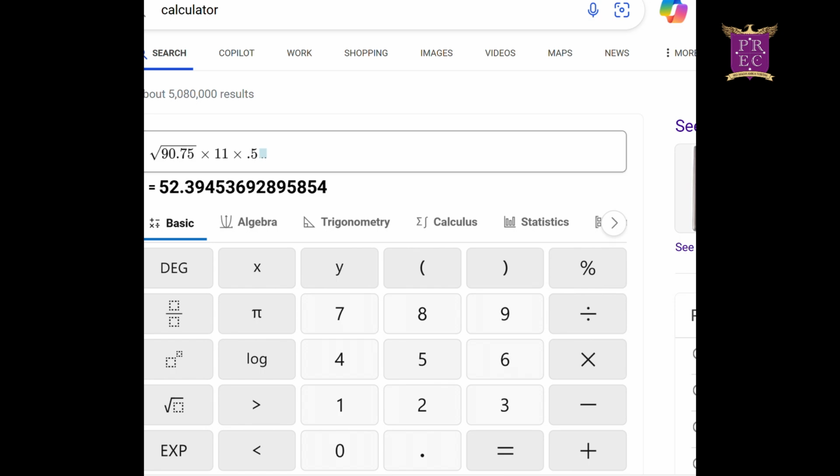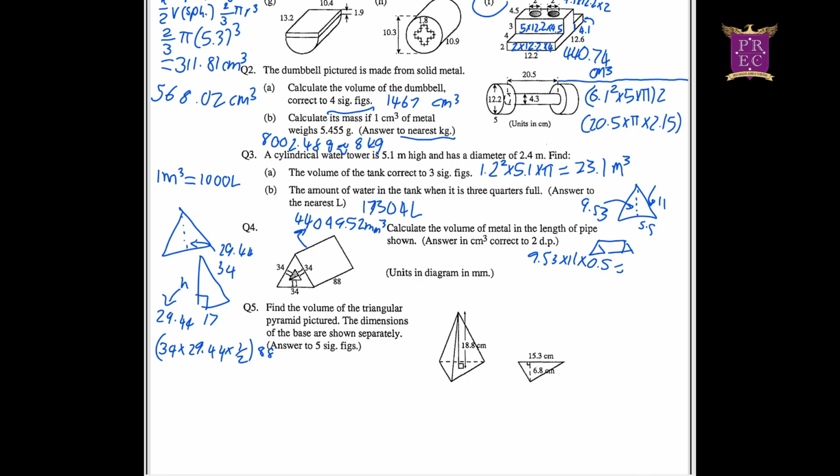And we need to times that by 88 to get the volume of the triangular prism. So we go times 88. Gives us 4,610.72. The volume of this is 4,610.72 millimeters cubed.